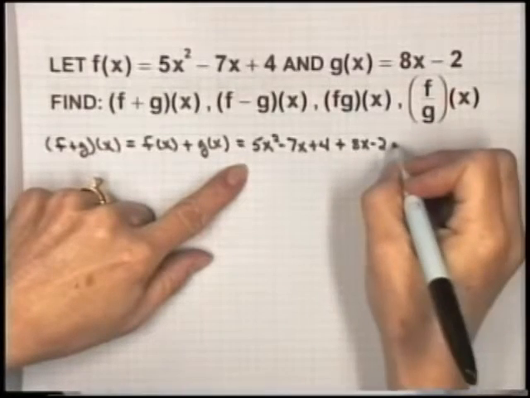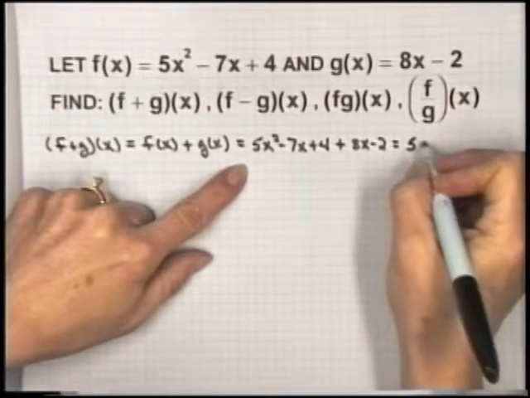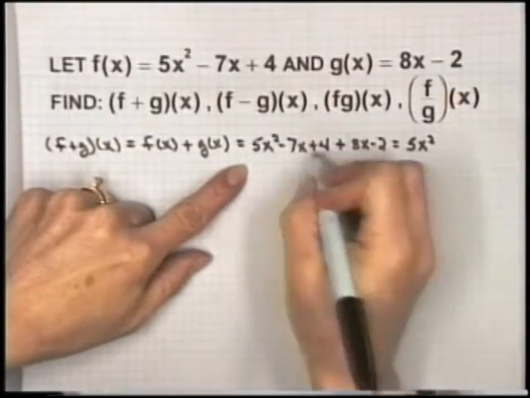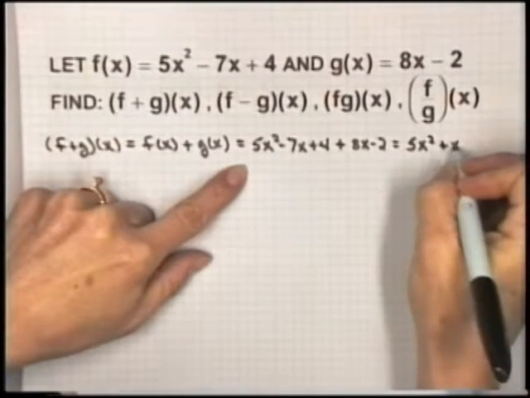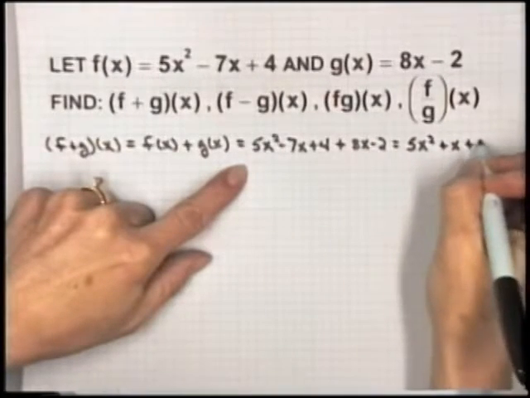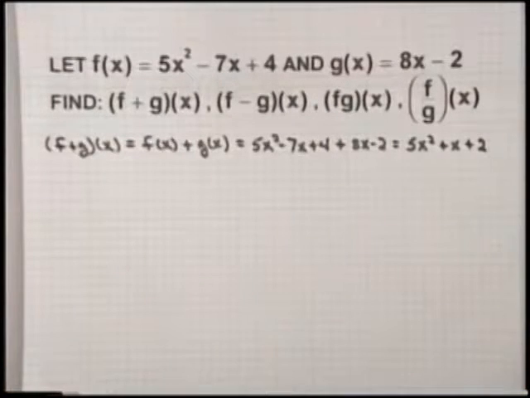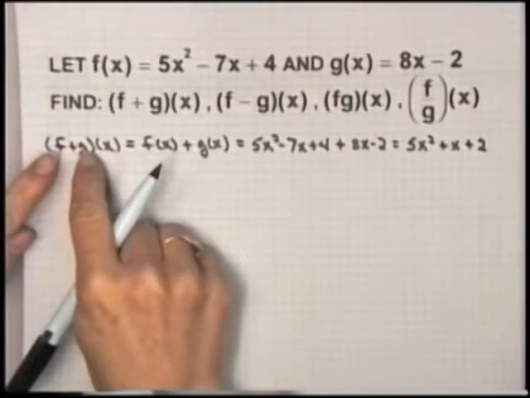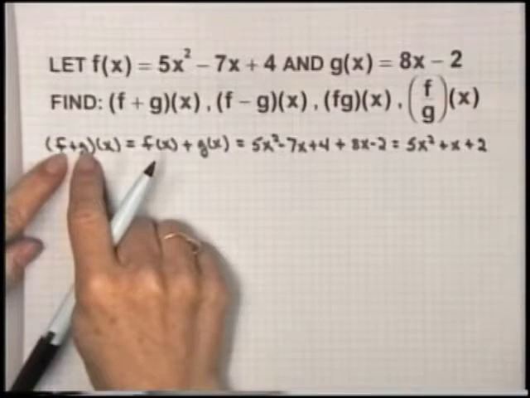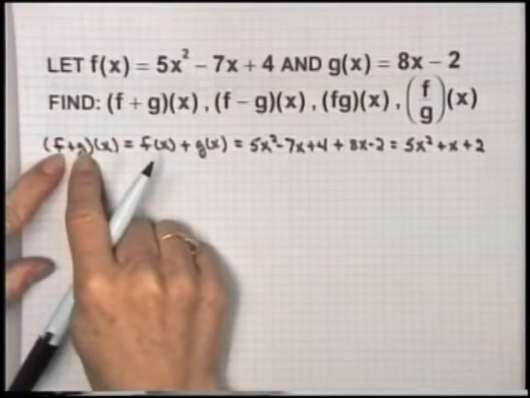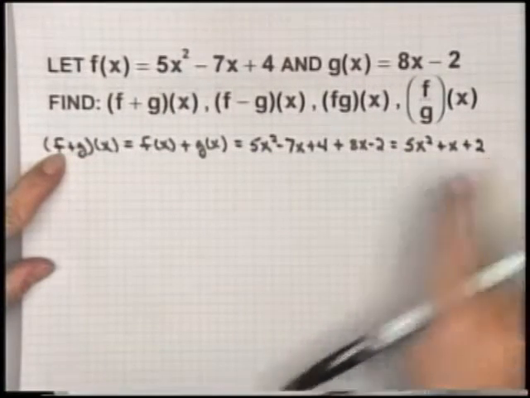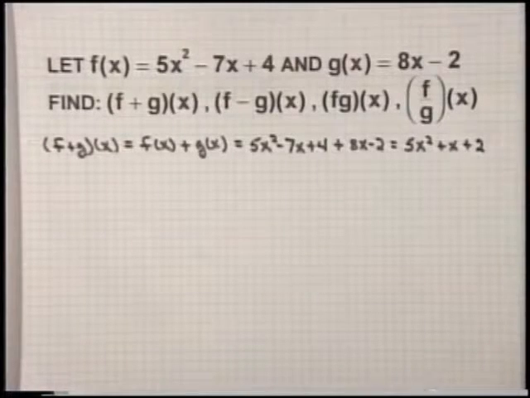We have some like terms here we may add together. 5x squared, combining our x's, we have a plus 1x, and 4 minus 2 gives me a plus 2. What has happened here is that by adding the two functions f and g, we have created a new function defined by 5x squared plus x minus 2.